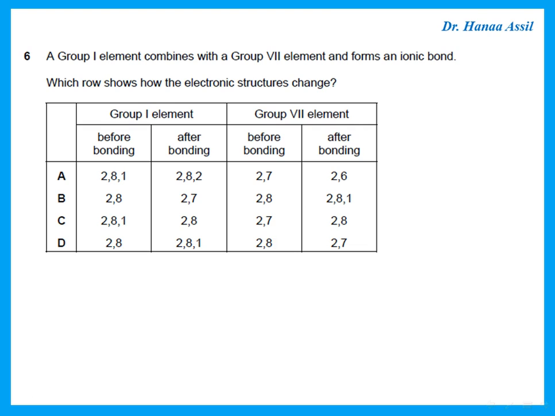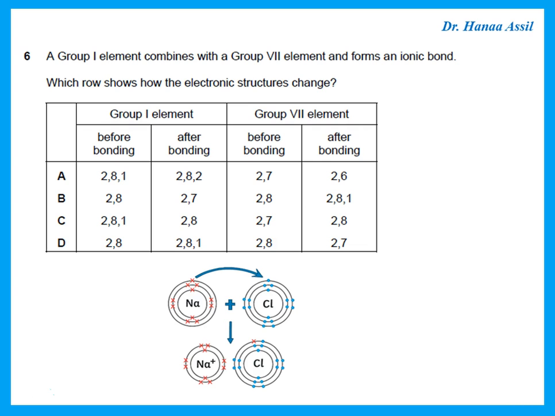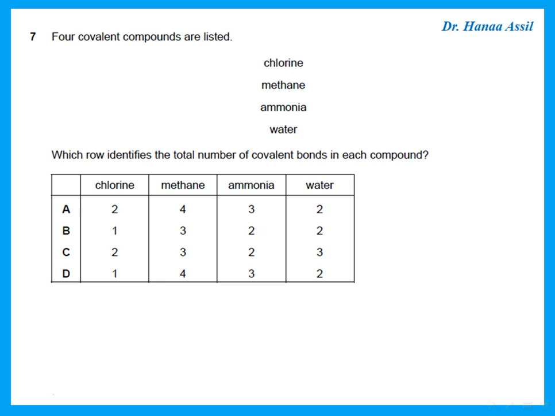So actually, my answer is A or C. And then, if I have something with 1 electron in its outermost shell, what does it do with it? It has to lose it. So I will be starting with 2,8,1 and then lose it and become 2,8. The group 7 means it should have 7 electrons in its outermost shell. It will gain an electron and become 2,8,8. So my answer is C.